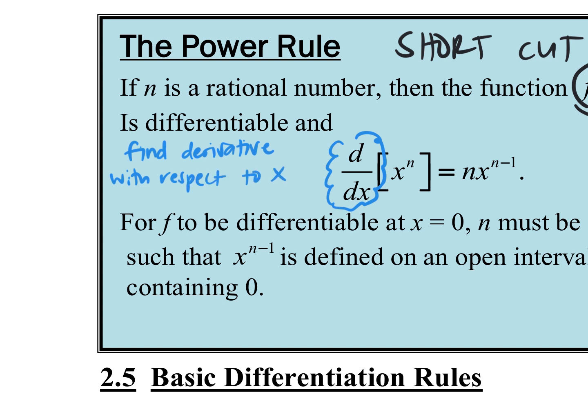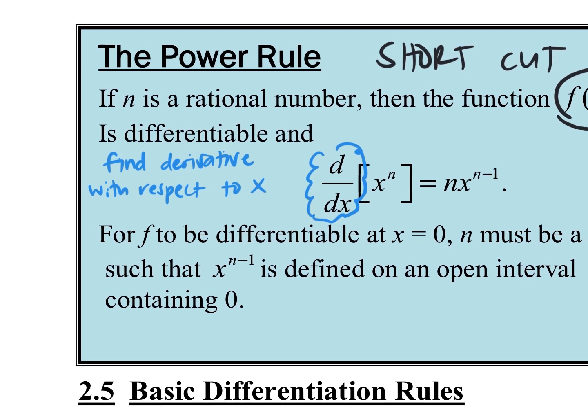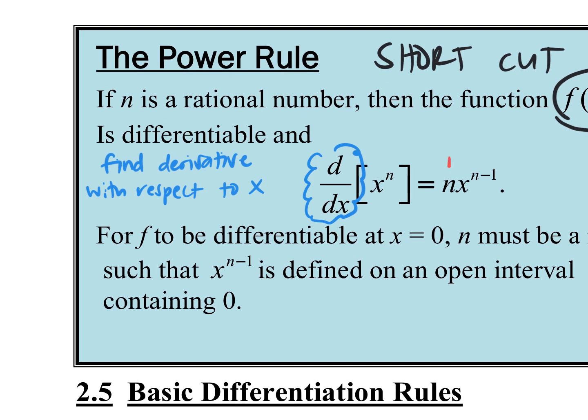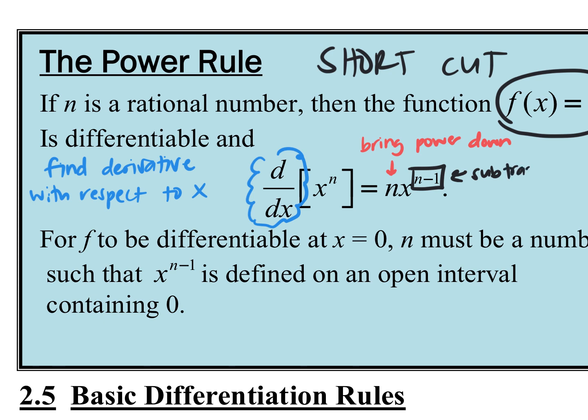So anytime you see d/dx, that means you need to find the derivative with respect to x. Okay? And the derivative of our function of x to the n power is n in front. So you bring the power down. And then we have n minus 1 in our exponent, which means we are subtracting 1 from the power.